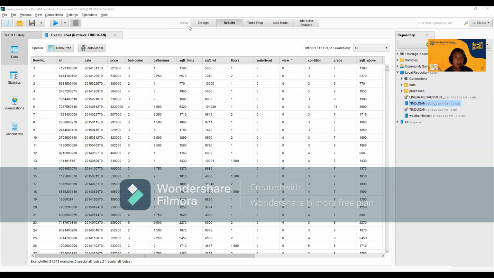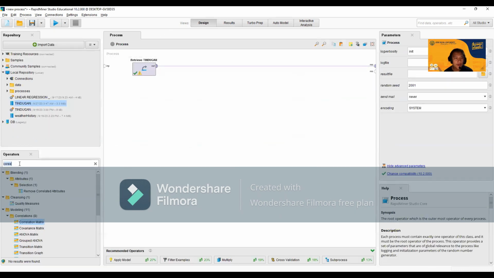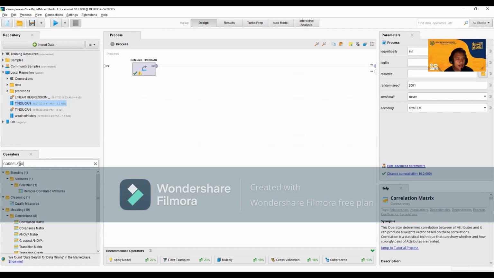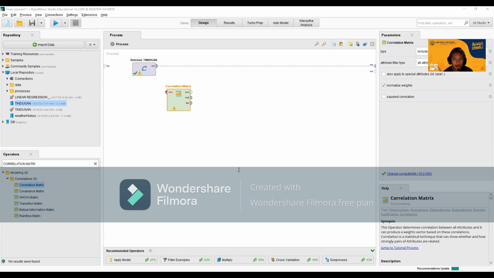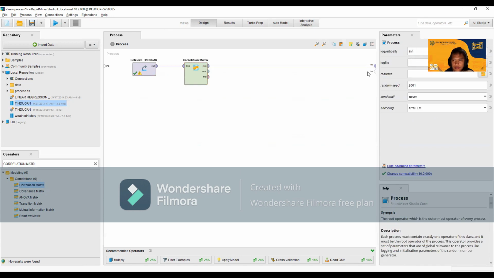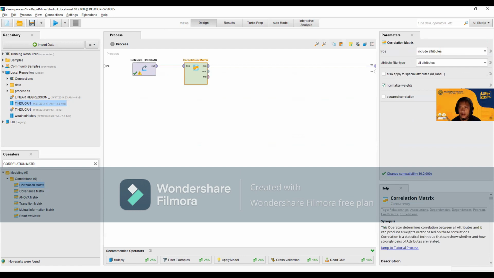For the correlation matrix, it will help us to determine whether two variables have a relationship.